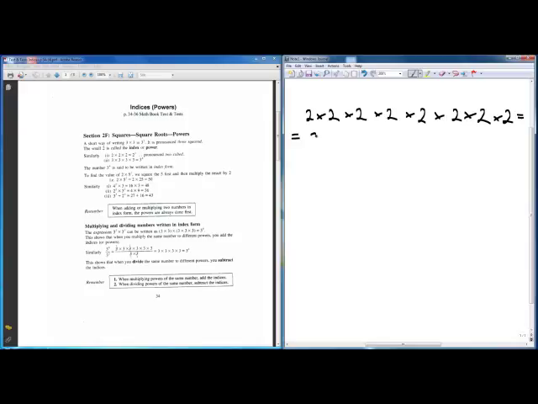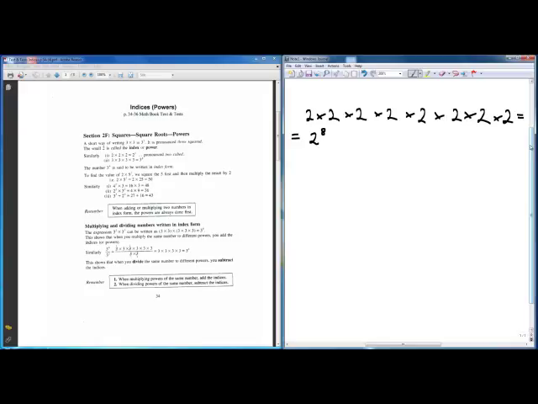We can write this as 2 index and the number of times. We have this number 1, 2, 3, 4, 5, 6, 7, 8. So this is just another way of writing this, but this is what it means. We always have to remember that.